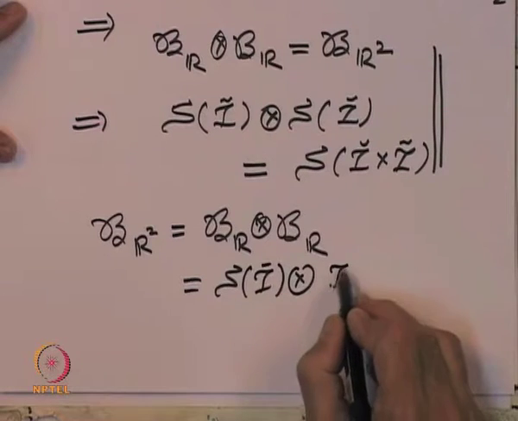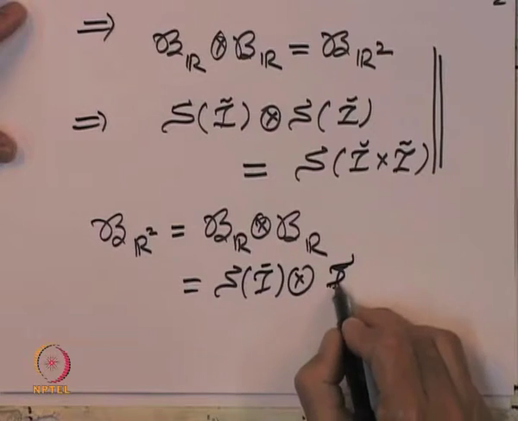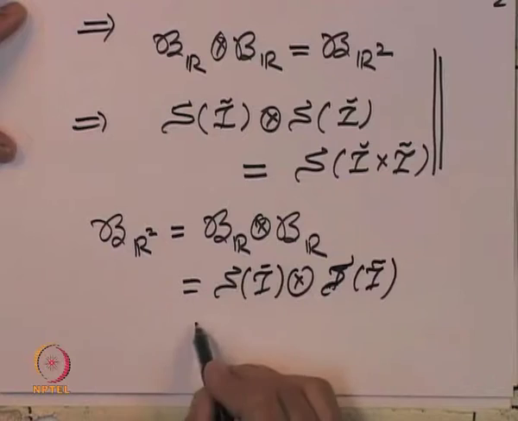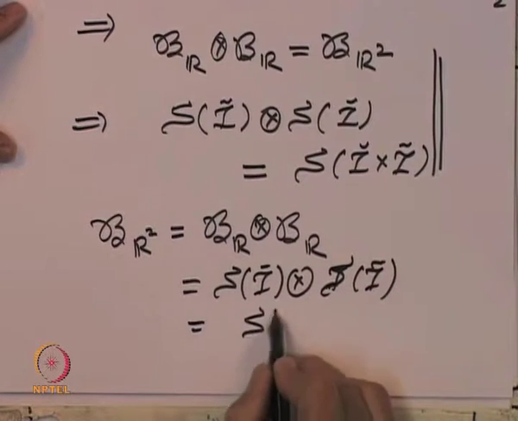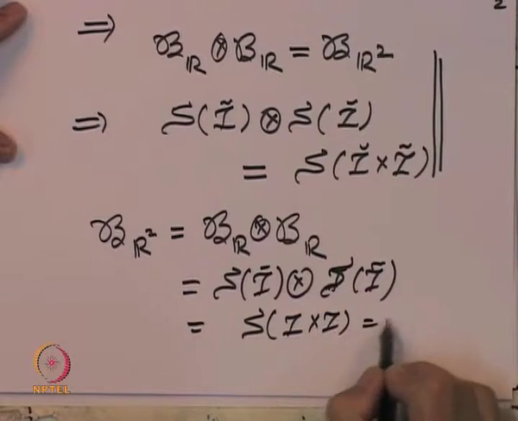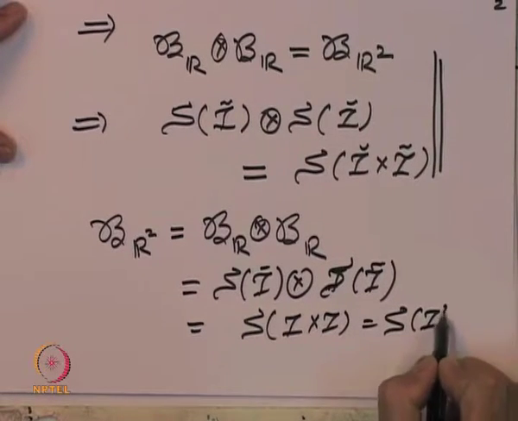And this, as we just observed, is the sigma algebra generated by I cross I. So, that is the same as the sigma algebra generated by I 2.